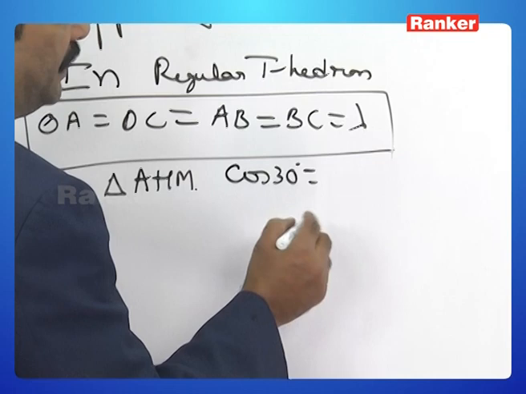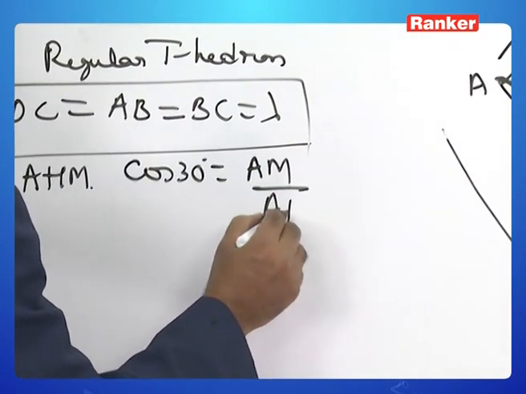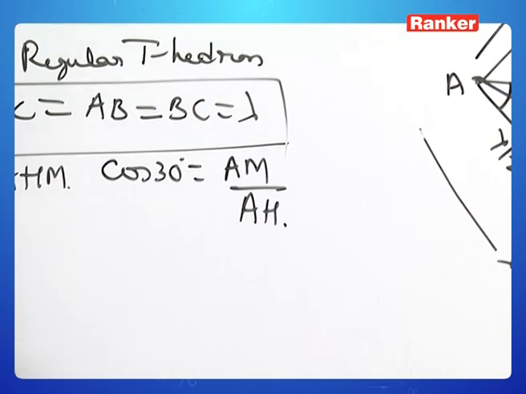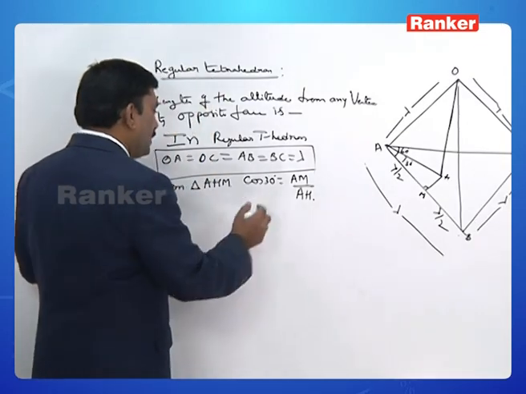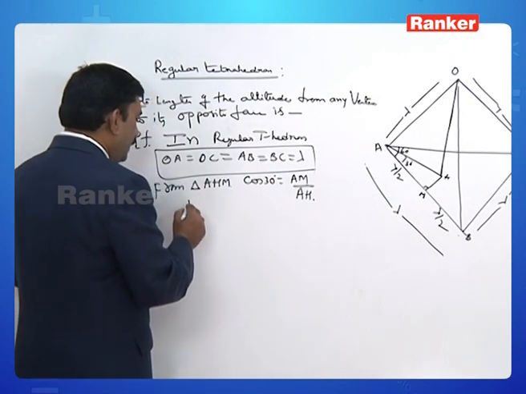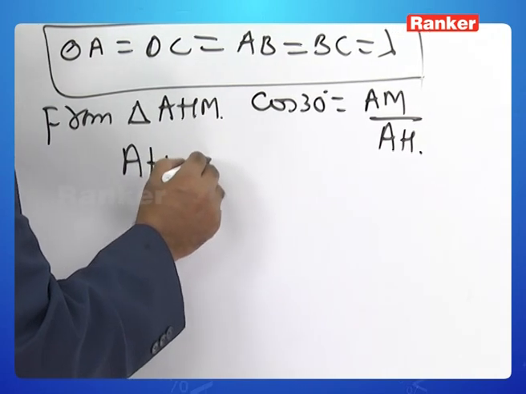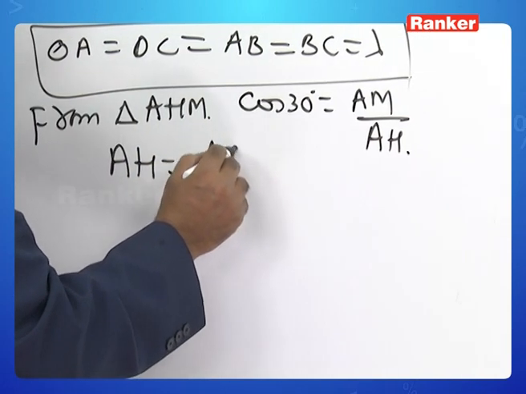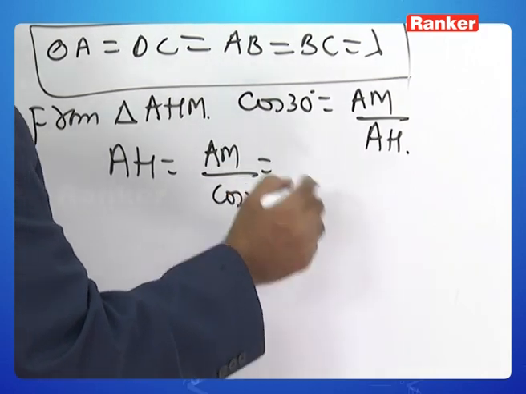Cos 30 is nothing but AM by AH. But AH, I am supposed to find out, AH is nothing but AM by cos 30.